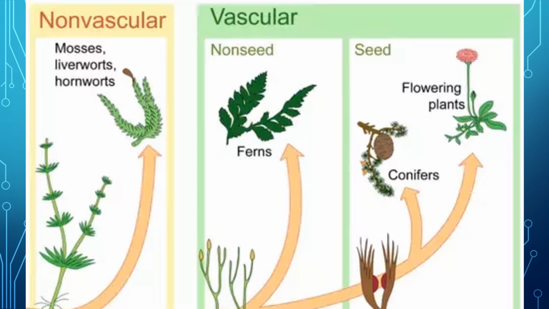So plants can make seeds inside of flowers that become fruits, or inside of cones. Also, the only seedless plant that's vascular is the fern. Now, the other group is non-vascular: for example, mosses, liverworts, and hornworts. We're going to take a look at some more information about vascular and non-vascular.